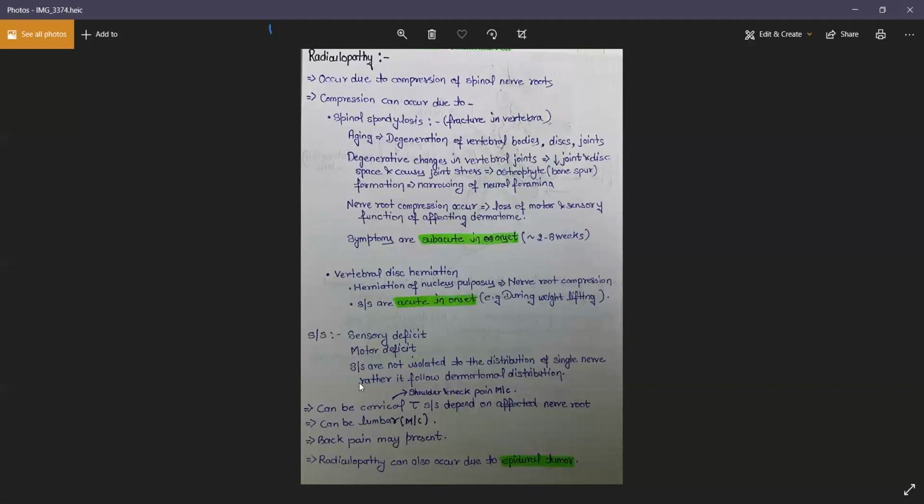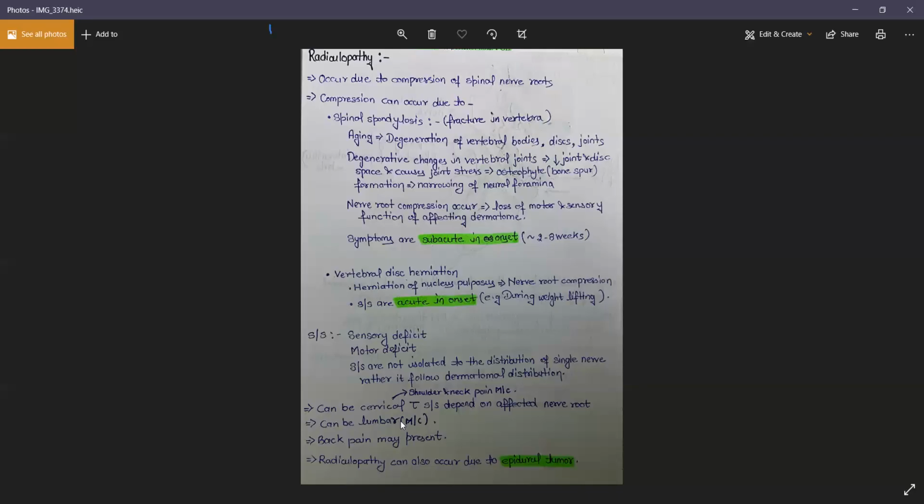Radiculopathy can be cervical radiculopathy, in which you have damage in the cervical nerve roots, which causes mostly shoulder pain and neck pain. You can have a lumbar radiculopathy. You can have a thoracic radiculopathy also, and you have something known as sciatica, in which the radiculopathy involves the nerve roots for the sciatic nerve, right?